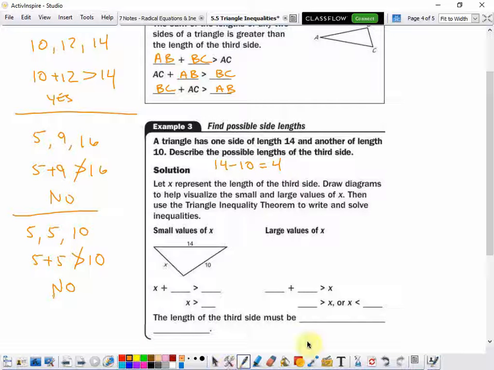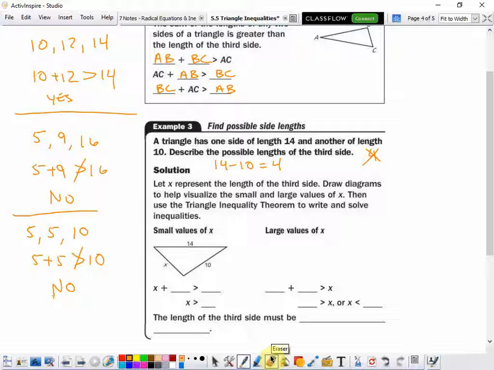So if I said my last side was 4, 4 plus 10 is not greater than 14. It can't be 4. But if I had like a 4.1 or even a 4.0001 plus 10, that would be greater than 14. So anything that is greater than 4 will work.